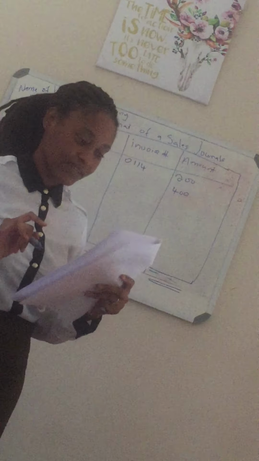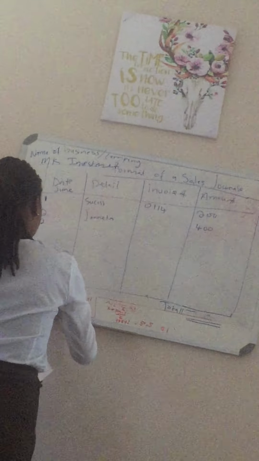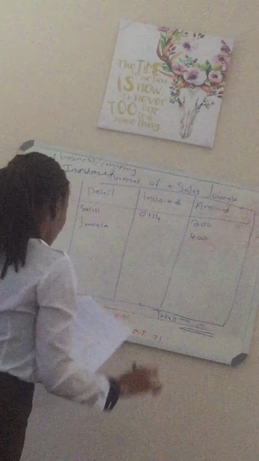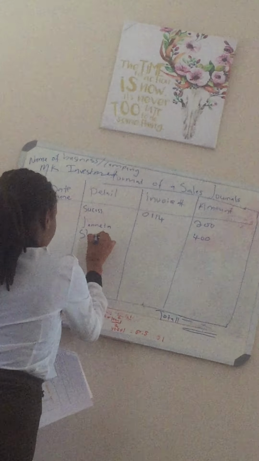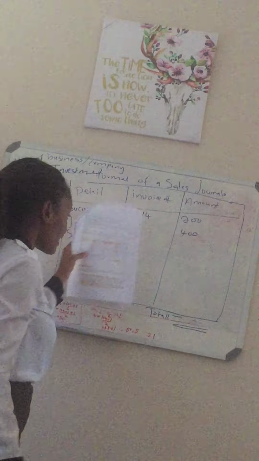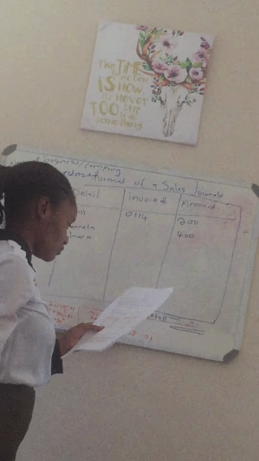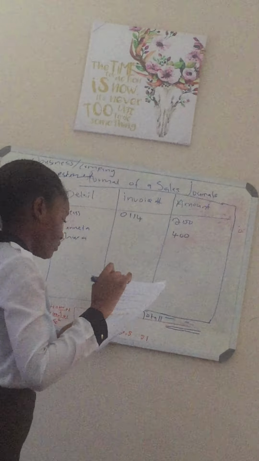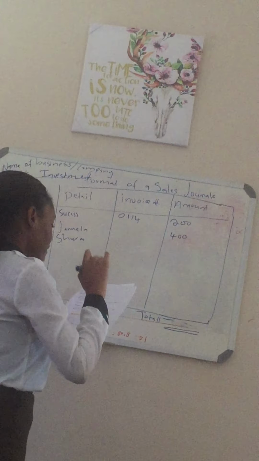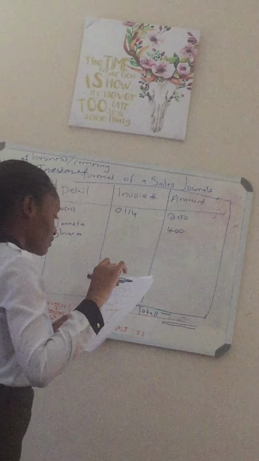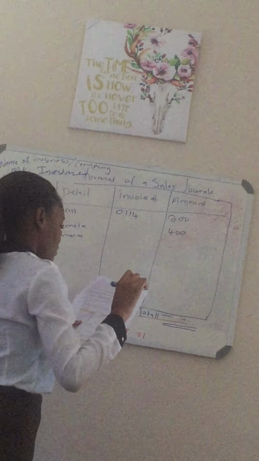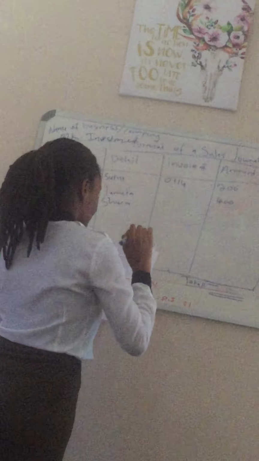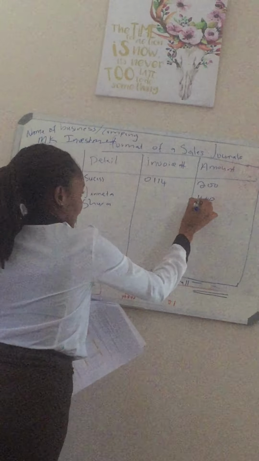The same day, 2nd of June, Shura, same invoice, sold the following stuff on credit, 300.